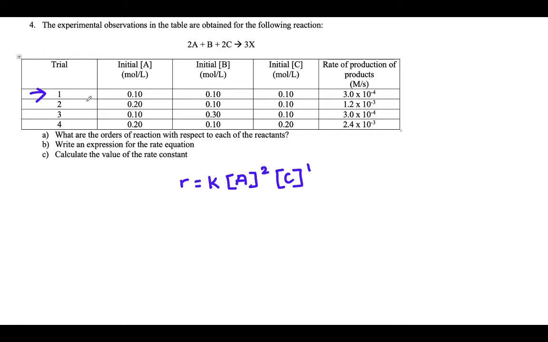So I'm going to sub in all of the values that I'm given in this trial, so I'll have K left over, and I'm going to solve for it. So 3.0 times 10 to the negative 4.